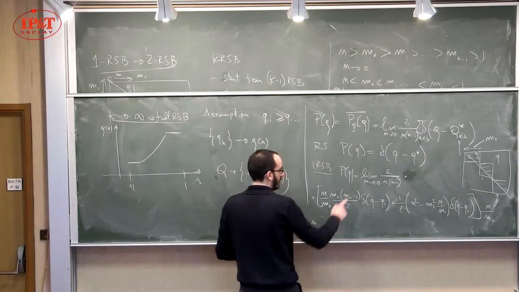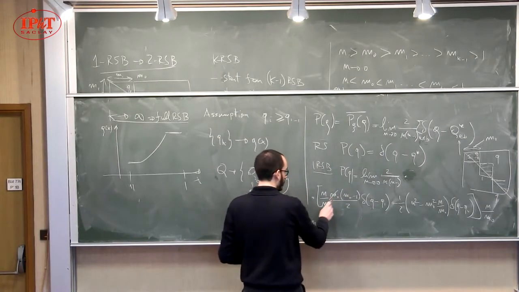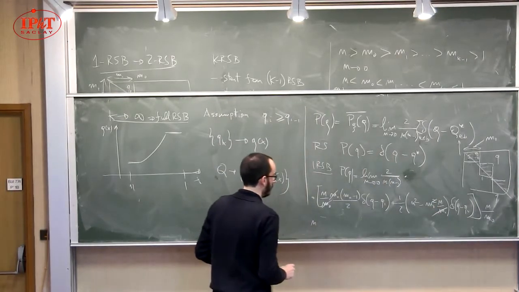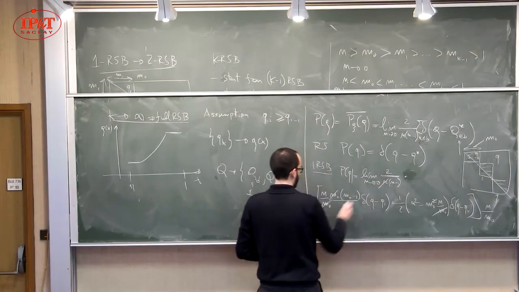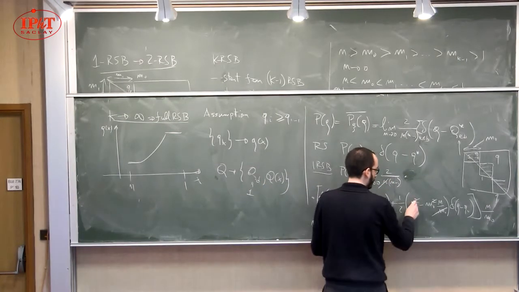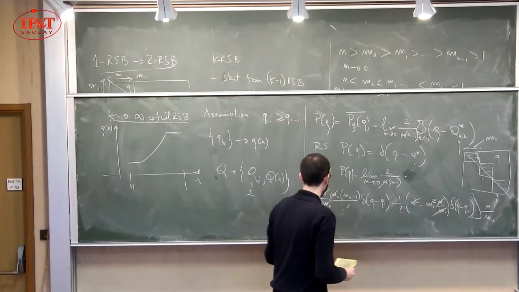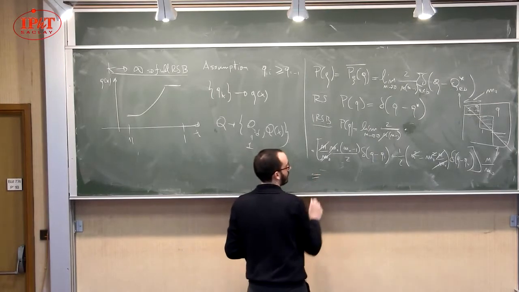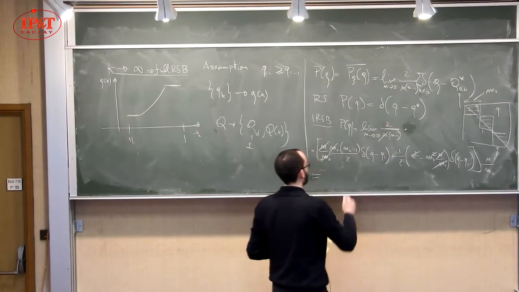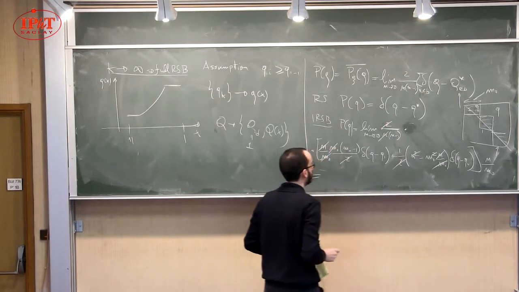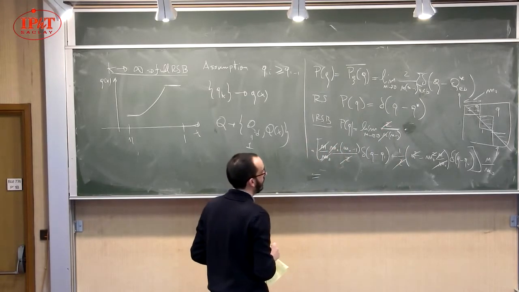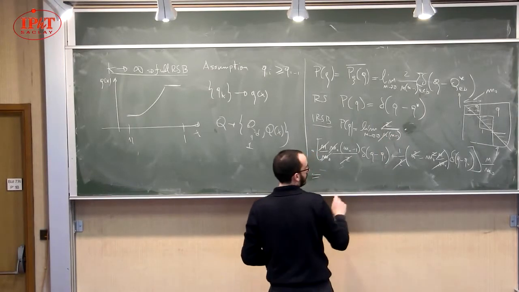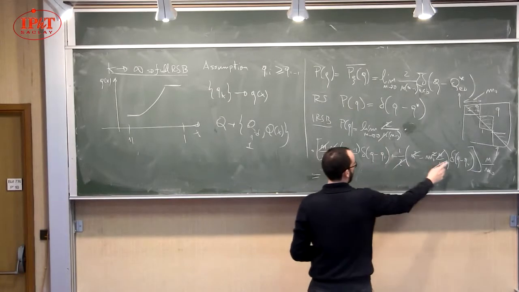Okay, so let me take this limit. So these two go away, then this one goes away with this one. Then let's simplify with this, this, and this. And then these two go away with this. And here I have a minus sign because it's n minus 1, so you have just to revert the sign of all these expressions.